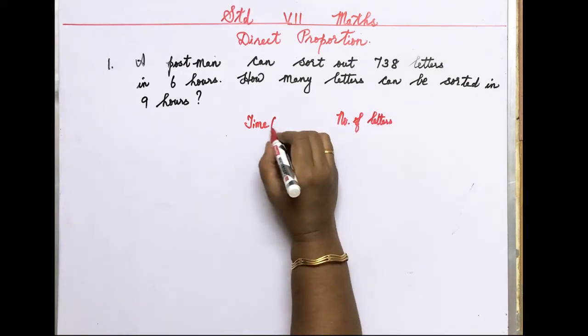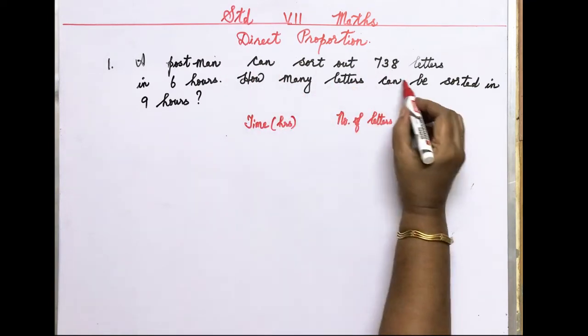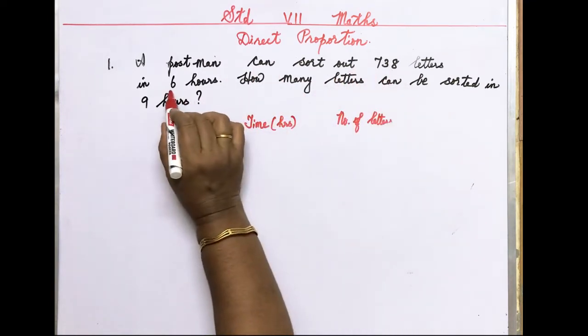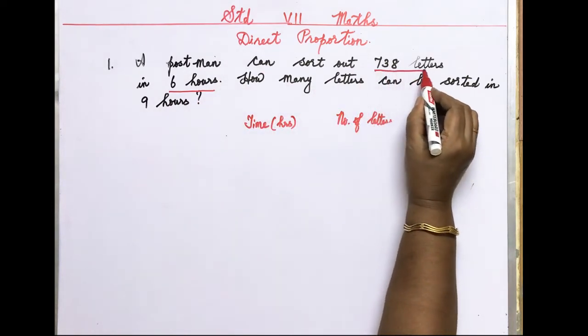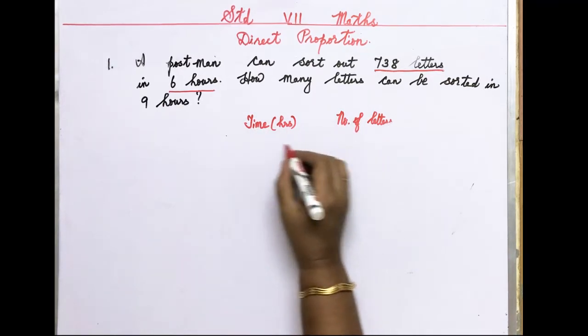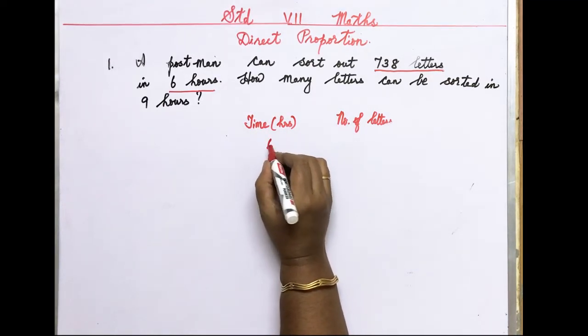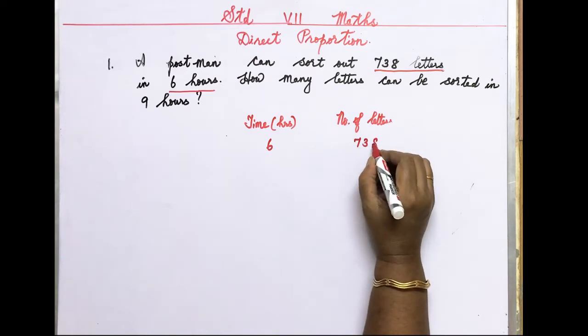Now, time is given in hours. So, in the first line it is given in 6 hours. How many letters are sorted out? 738 letters. So, that should be written in the first line. So, in 6 hours, 738 letters.